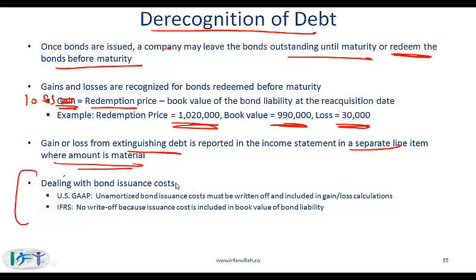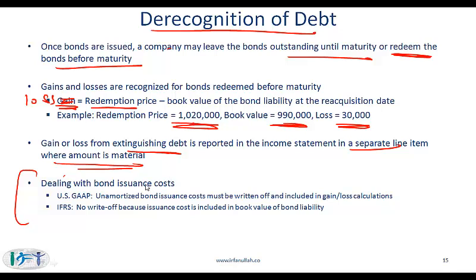Do you remember we talked earlier about the fact that when a bond is issued, there are going to be certain costs, issuance costs. What did US GAAP say? US GAAP said that when you issue a bond, the issuance cost has to be capitalized and then amortized over the life of the bond.